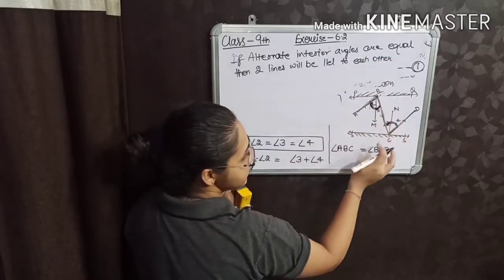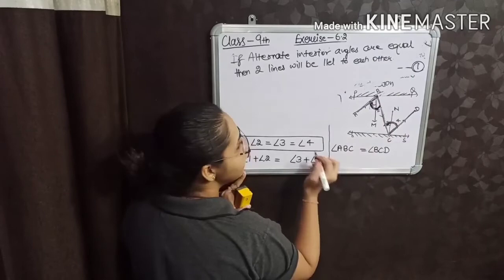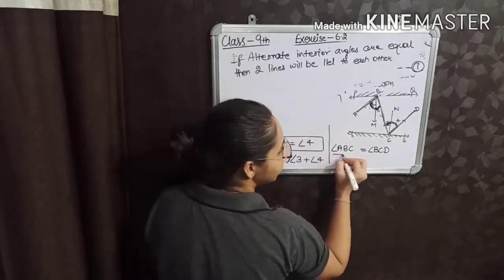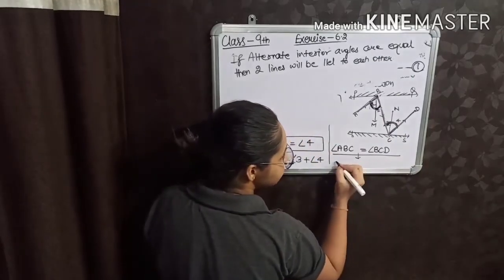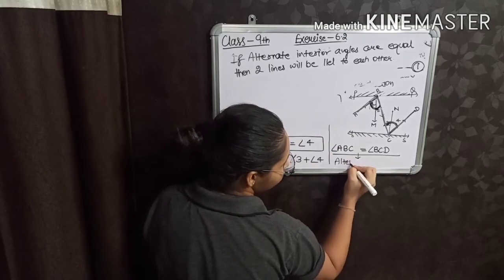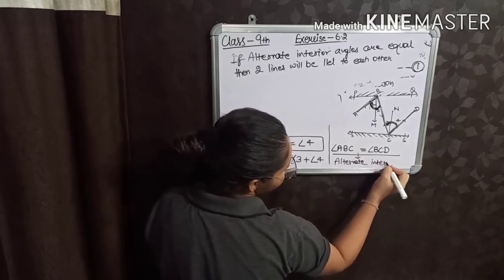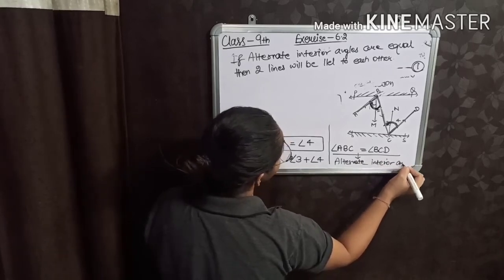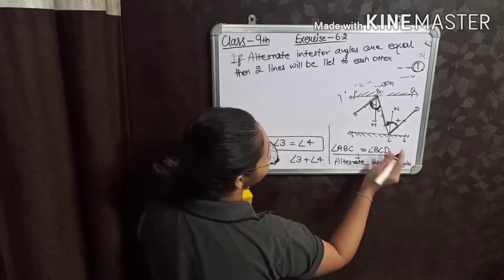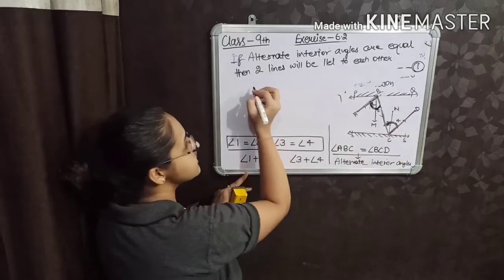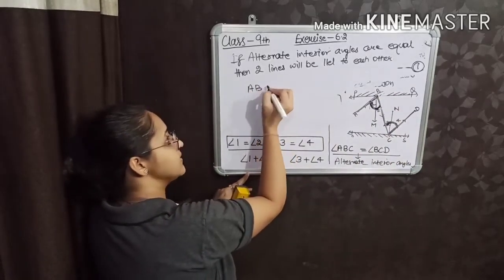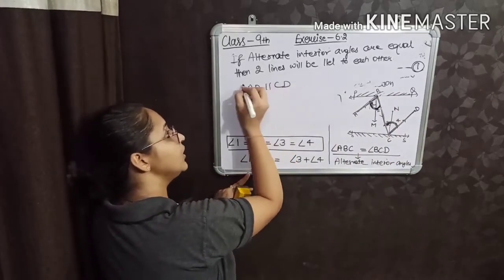Angle ABC and angle BCD are alternate interior angles and they are equal. And if they are equal, then the two lines, AB and CD, are parallel to each other.